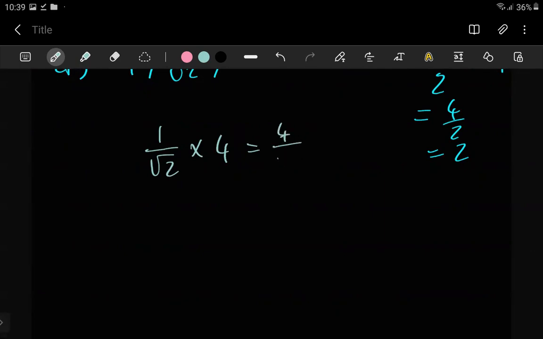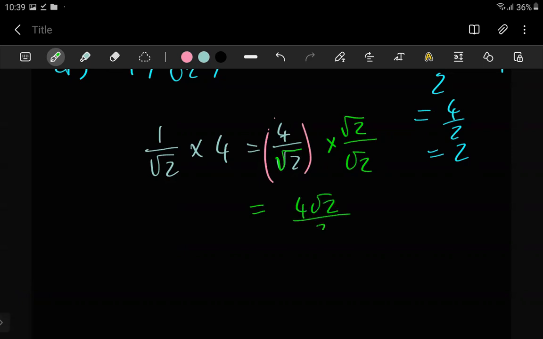In the calculator, it's going to give you something that has been rationalized. Meaning when it sees something down here with the square root, it's going to automatically multiply the whole thing by that value over itself, which is going to give you 4 square root of 2 over 2. Or it will even just give you 2 square root of 2.